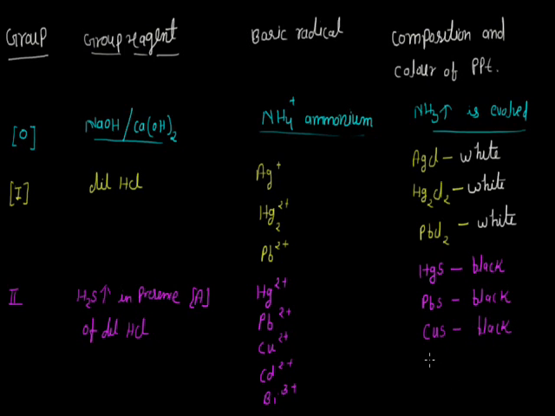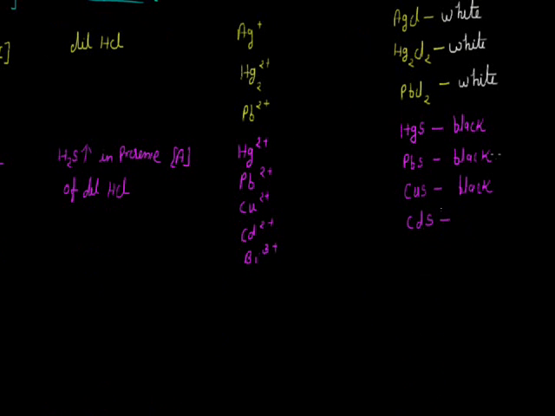Fourth is CdS, its PPT is yellow in color. The last is bismuth sulfide, its PPT becomes dark brown. So these are the radicals and their compositions that will be placed in the second A group.